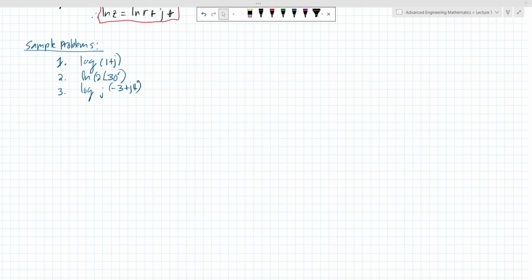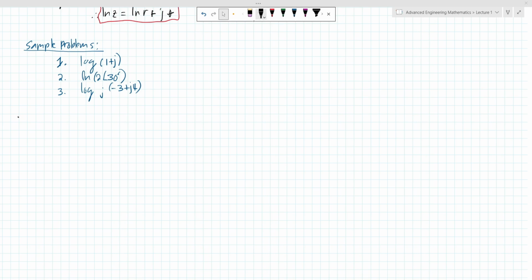The second sample problem has base e, and the third sample problem has a base that is a complex number. We will use another property of log to evaluate this one. But the main concept here is the logarithm of the complex number. We will just use some property to make it simpler.